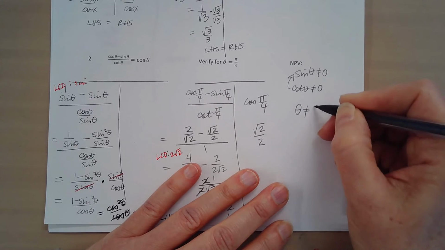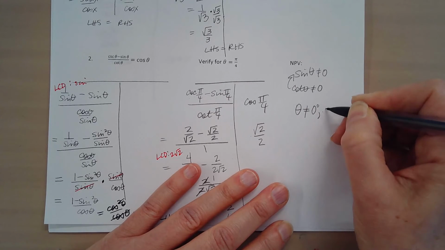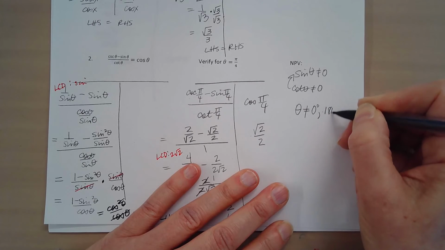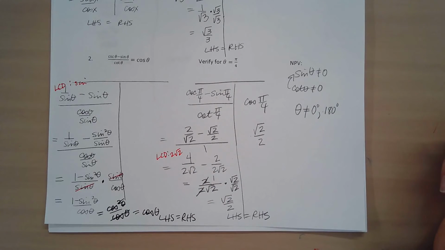And that happens at 0, 180, and all multiples, right? And where does cotan equal 0? Same spots, right?